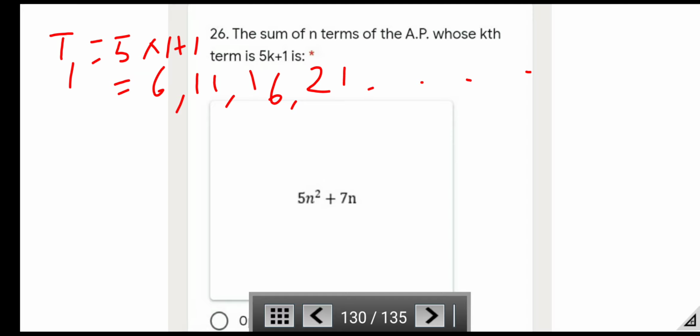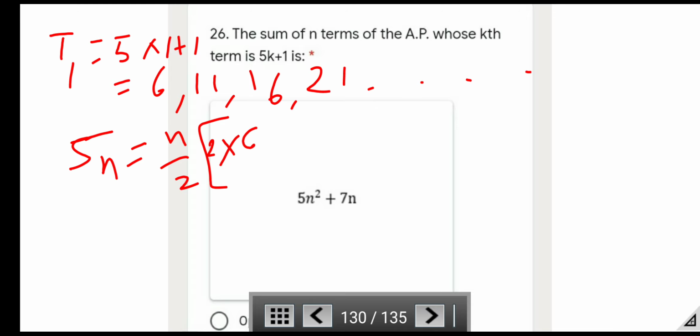Now for the sum of n terms, Sn, is given by n by 2 into 2A plus n minus 1 D, where A is 6 and D is equal to 5.